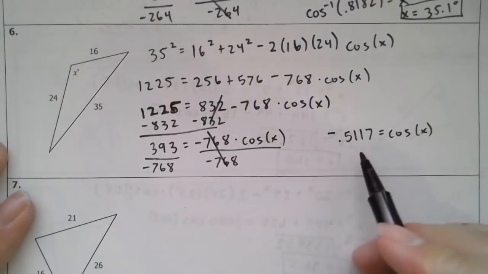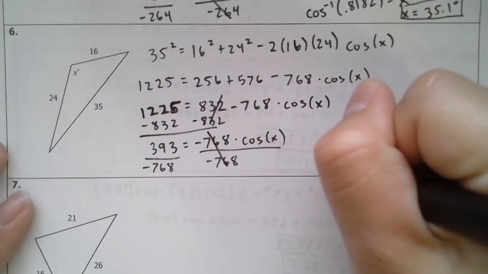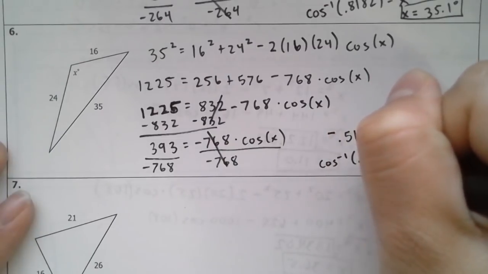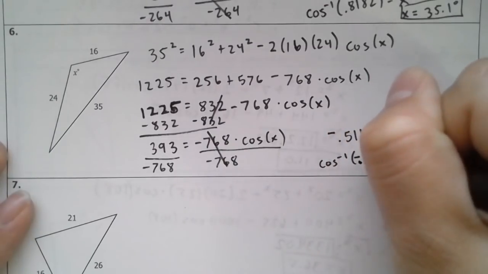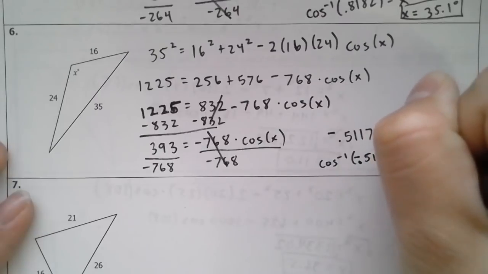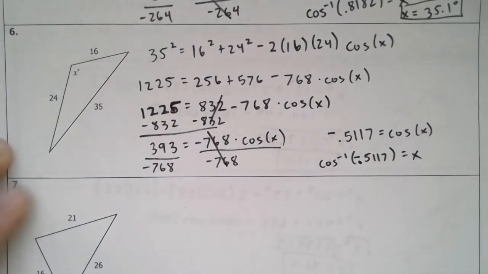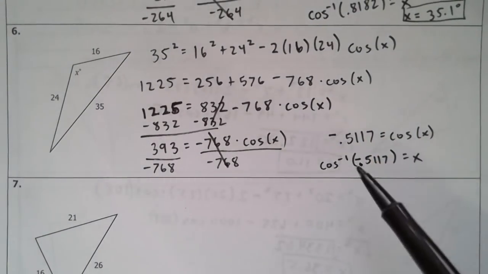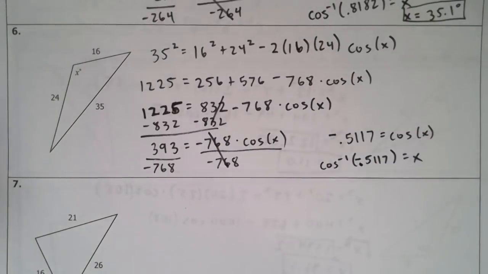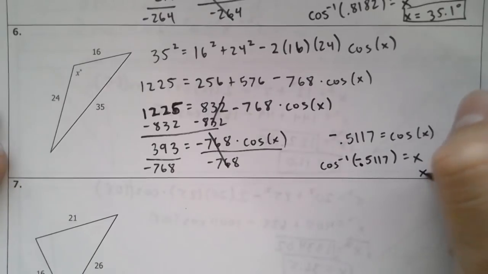Take the inverse cosine of negative 0.5117 equals x. When you put this in your calculator, you're going to get that x is equal to 120.8 degrees.